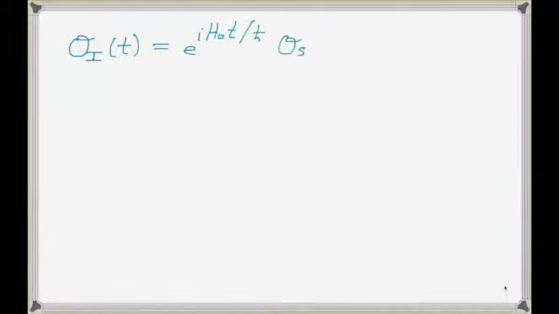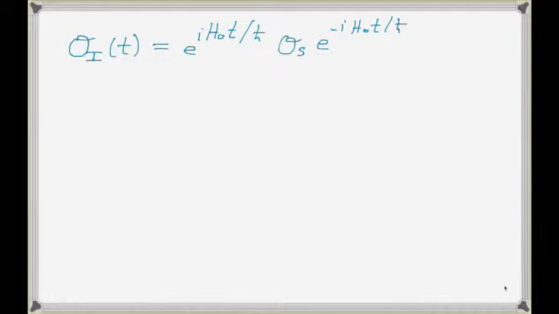So in general, our operator in the interaction representation is equal to e to the iH0t over H bar, O Schrodinger, e to the minus iH0t over H bar. That's our general operator.